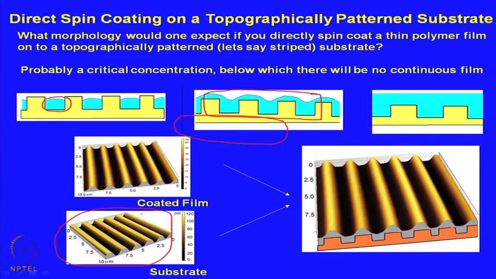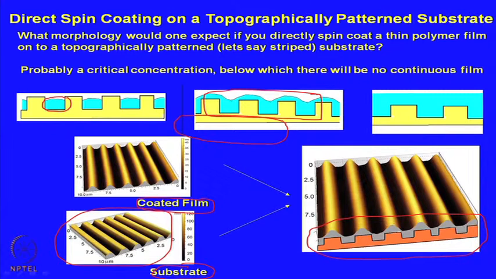So, you do an AFM of the substrate, you get a structure like this. Then you do the spin coating, and this is the AFM of the coated film. If you superimpose the two, I do not think many of you have a doubt that this is how the thing is arranged.